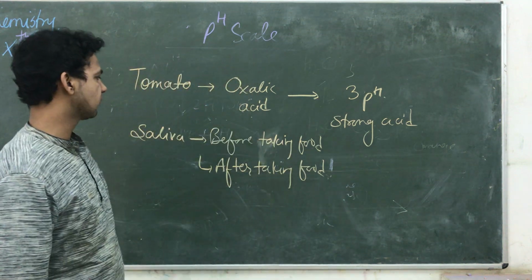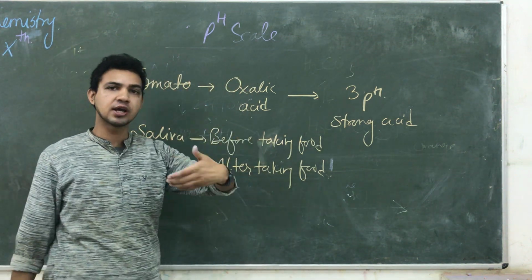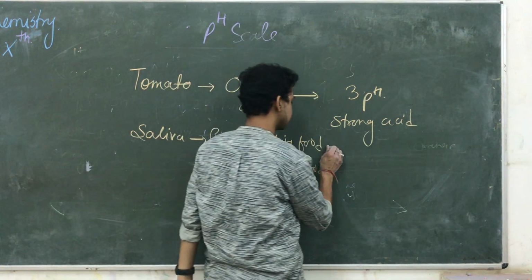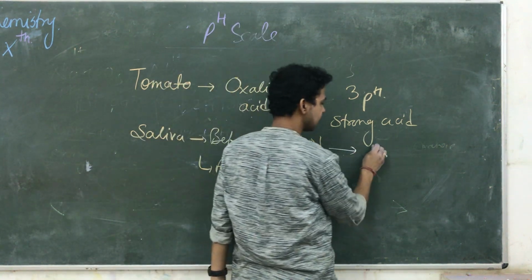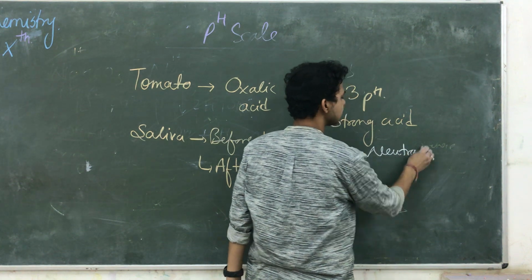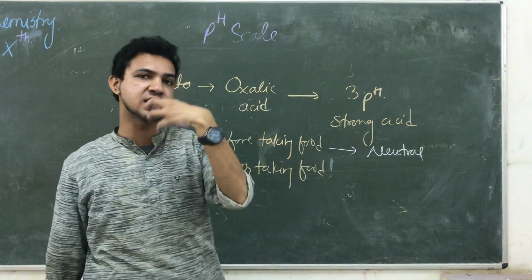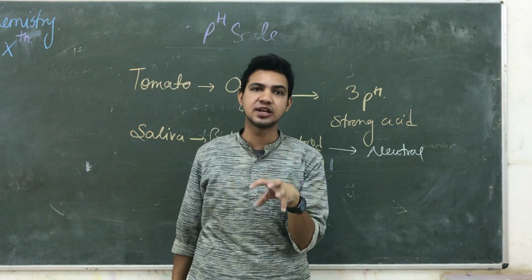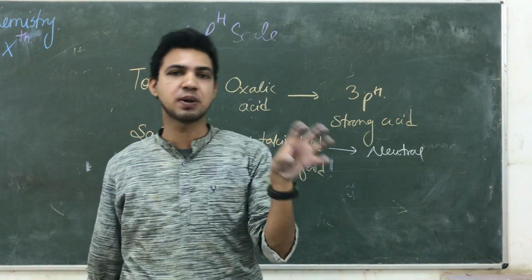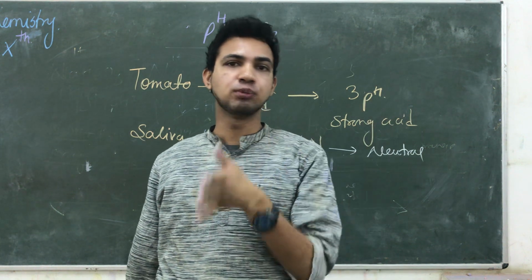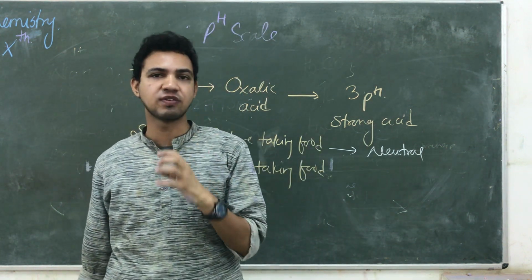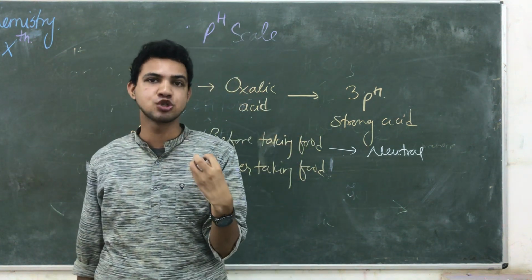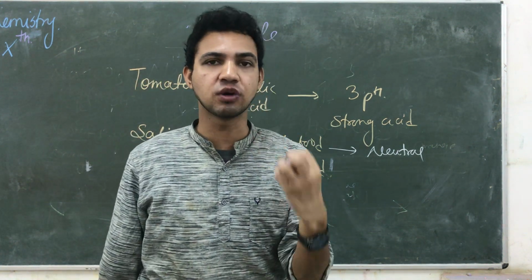So what is the nature of this saliva? If saliva is tested before taking food, its nature is neutral. Food is decomposed inside your mouth in the presence of certain bacteria, and these bacteria participate in decomposition. They generate a certain kind of acid. If food remains in your teeth, it causes decay due to the formation of acid.